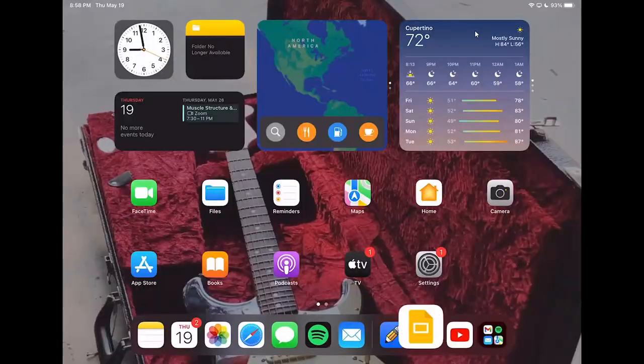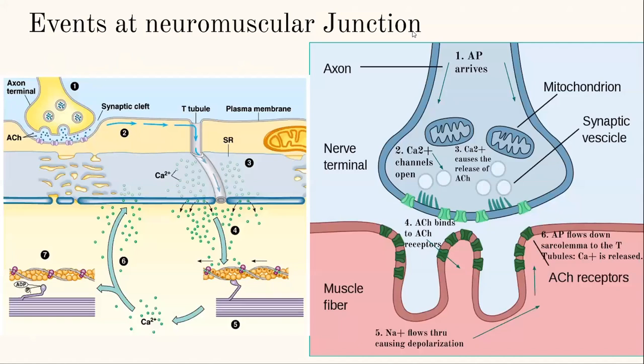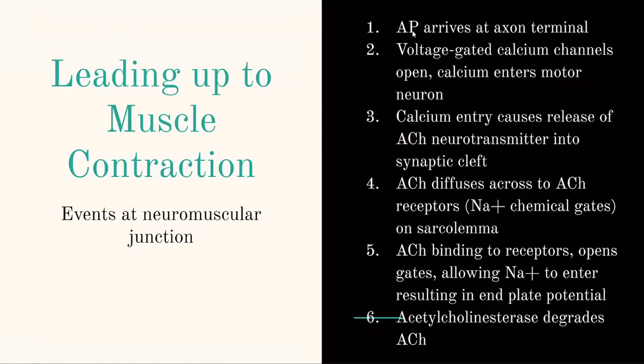So let me go back to the slides. This is what we just did. Again, we have an action potential that arrives at the axon terminal. Voltage gated channels open, allowing more calcium to go in. Calcium entry causes the release of neurotransmitters, and the neurotransmitters bind to the chemically gated sodium channels, and that allows sodium inside the sarcolemma.